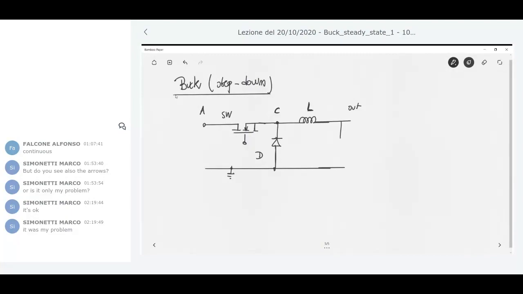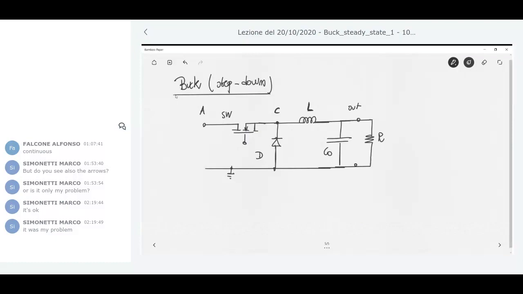Here you may have a capacitor, which is called C naught, and we have the load. The load is represented by a resistance R, but this is just a symbol that represents what is connected to these two nodes.